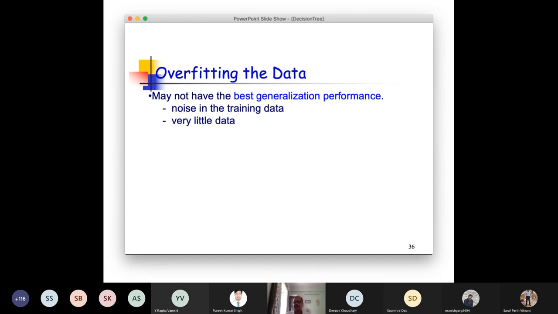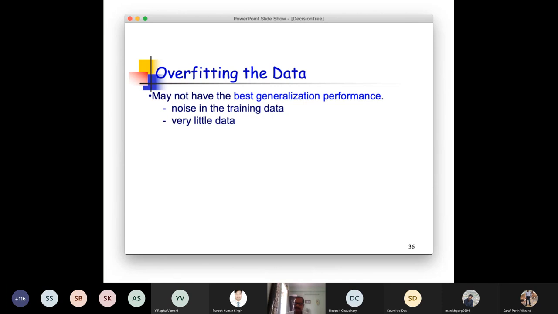We should also look into this problem of overfitting the data. Suppose you get a consistent hypothesis, but your ID3 algorithm gives you that hypothesis with the maximum length.